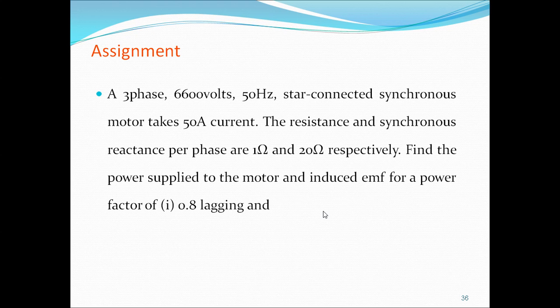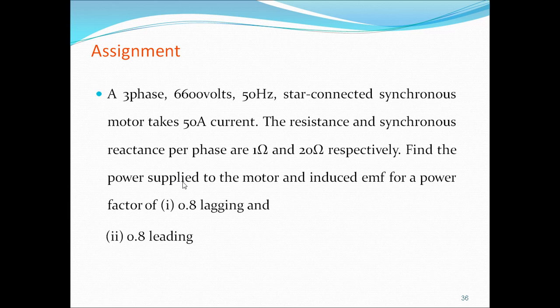Note down another problem, that is the third problem. What is given? A three-phase 6600 volts 50 Hz star connected synchronous motor takes 50 amps current. The armature resistance and synchronous reactance are 1 ohm and 20 ohms respectively.